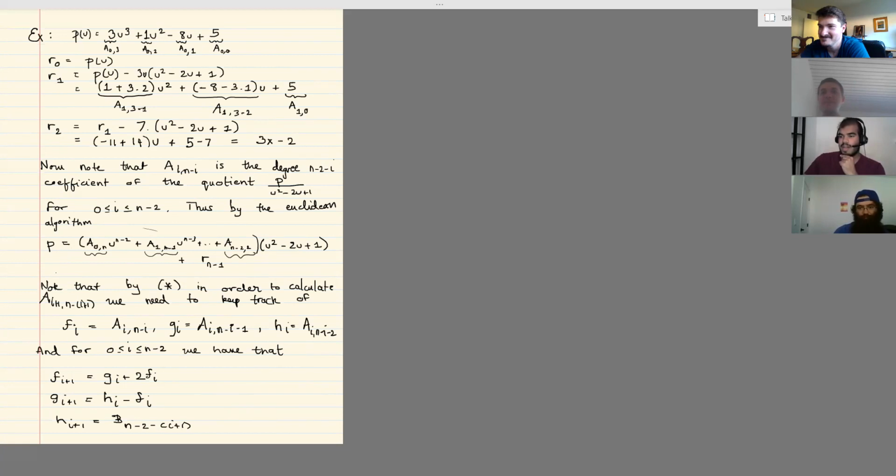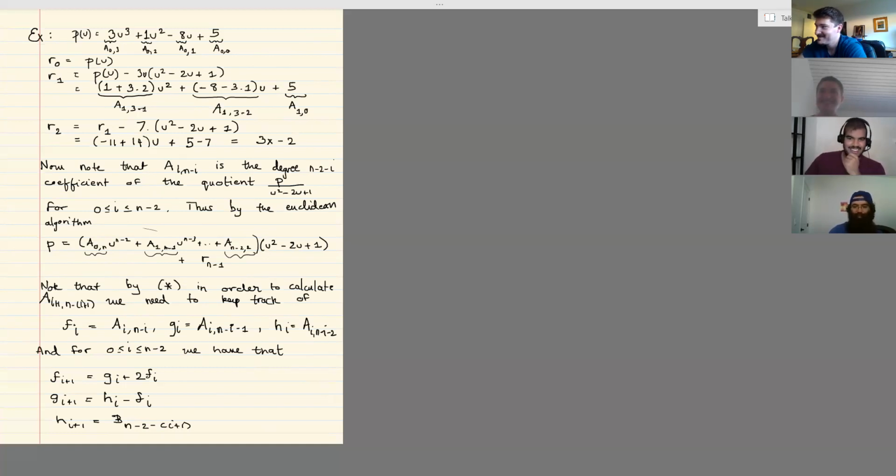So now we're going to note that in order to calculate those coefficients, we only need to keep track of 3 things. F sub i, which is the leading coefficient, g sub i, which is the penultimate coefficient, and h sub i, which is the antepenultimate coefficient at each stage. Is there even a word for second last? Bronze medalist?